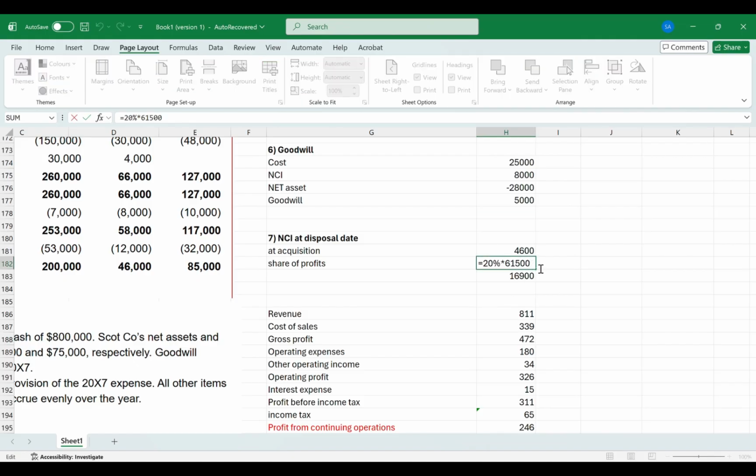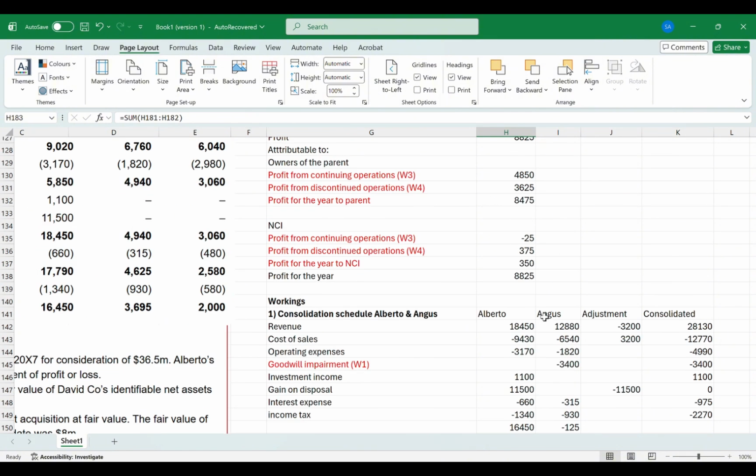So here, the total value of NCI is 16,900. Okay. Now, 16,900 is your NCI. So you will go here and put that figure.